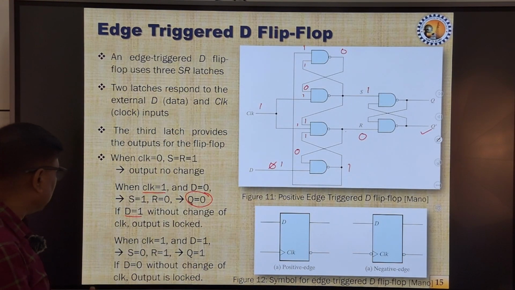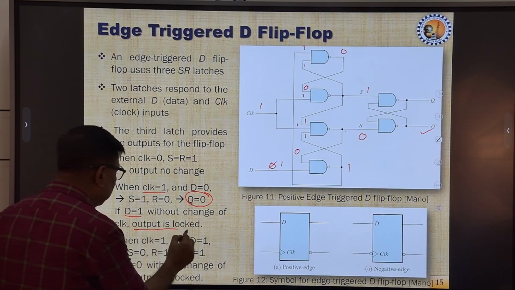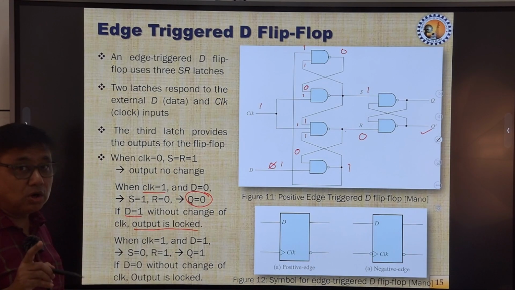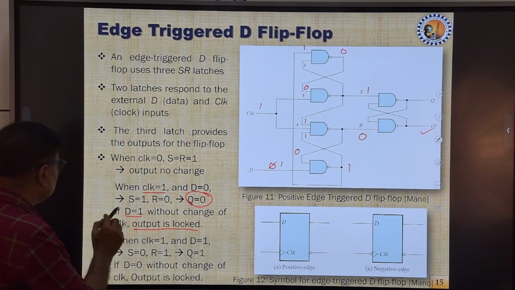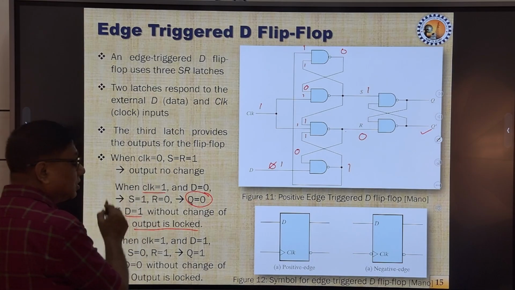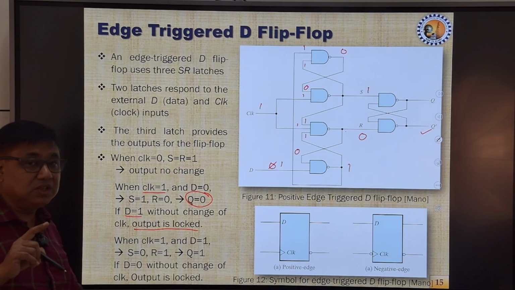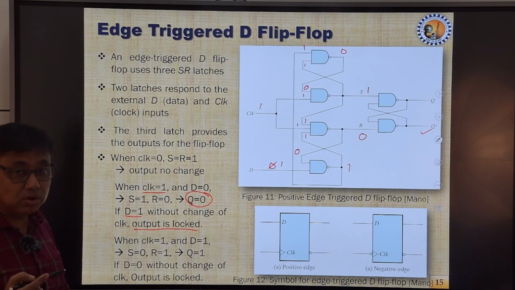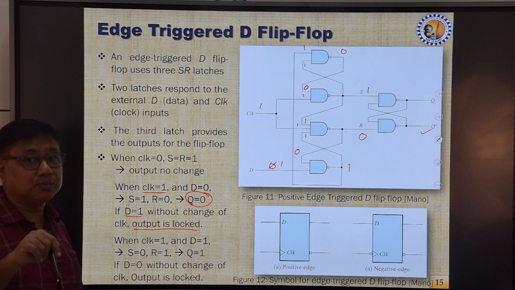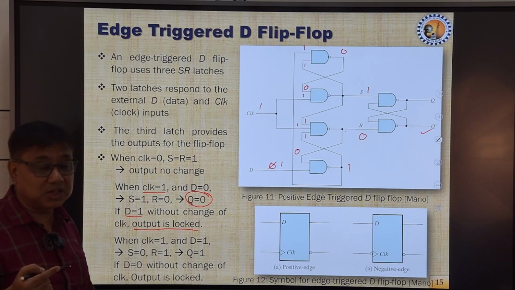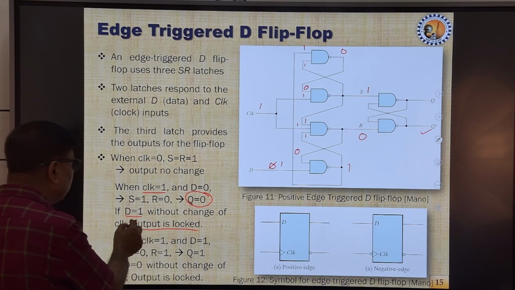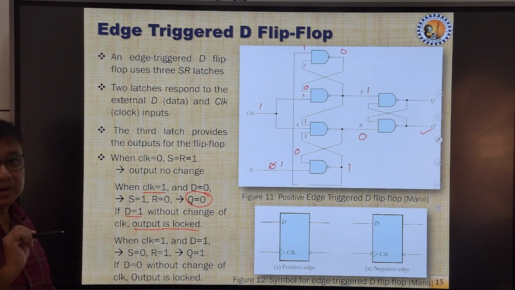So that means the output of the D flip flop is locked. Locked till when? Locked till the clock changes its value. Clock is presently at 1. So, to change the value it has to go to 0, and then again when it becomes 1, then only it will respond to the new input that has been fed to the D flip flop.